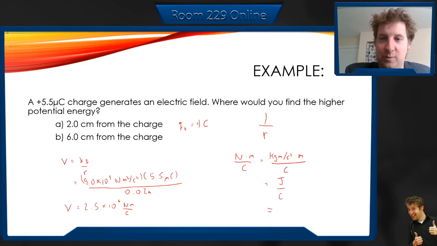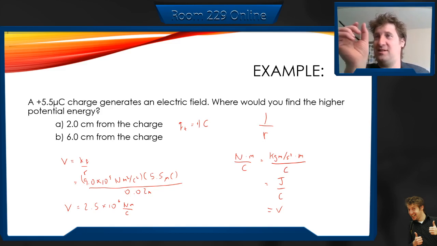So that's a joule per coulomb, which is a volt. Okay, so this is actually 2.5 million volts. Sounds like a heck of a lot, and it really just tells us that 5.5 microcoulombs is an incredibly large charge. So the electric potential 2 centimeters away from that charge is going to be 2.5 million volts.